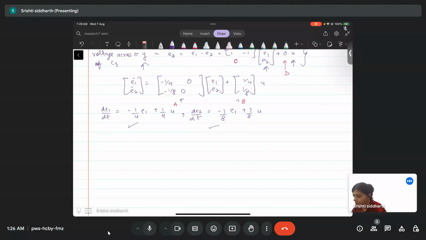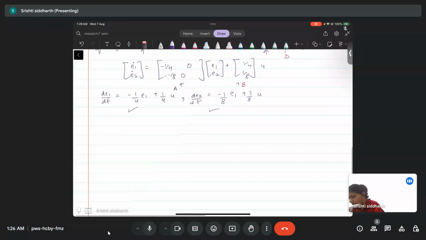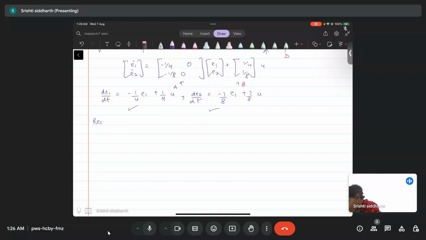So after this, recall from the lectures that after defining what a state space model is, this state space analysis is applicable for linear time invariant systems, linear time varying systems.